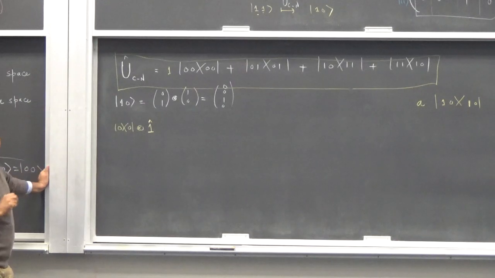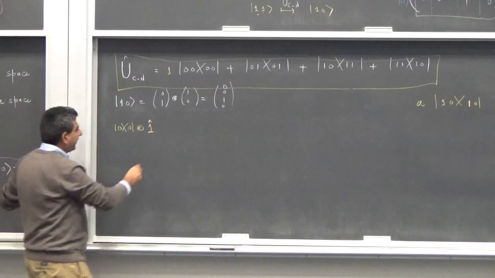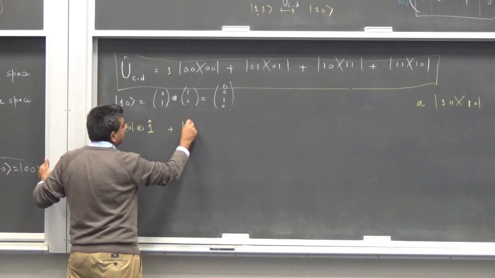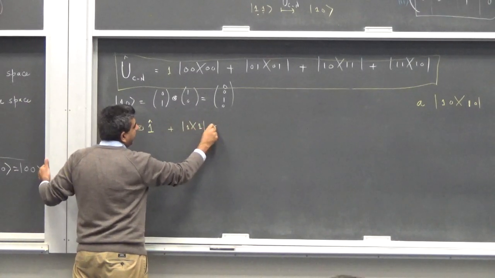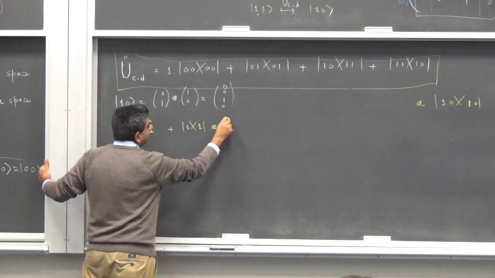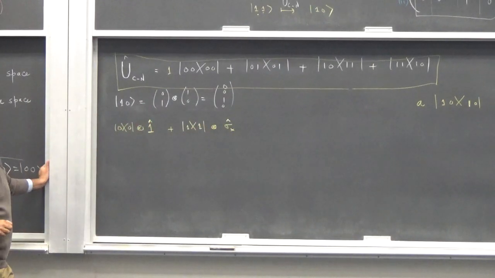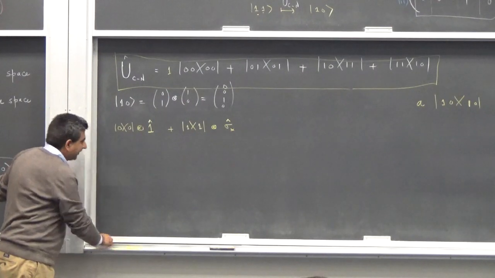Now I'm going to show you something, and I write ket 1 bra 1 and cross it with the sigma x Pauli operator. So let's work out what this thing is going to be.